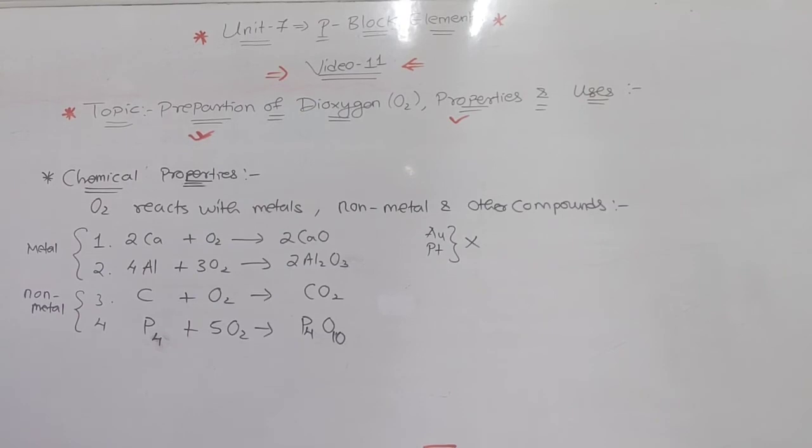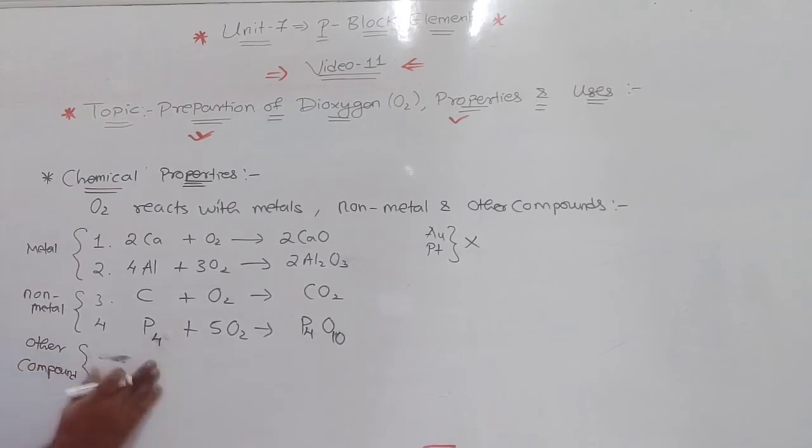Now in your textbook there are certain reactions given with other compounds also. When we talk about the reaction with other compounds, there are two reactions given. That is zinc sulfide.